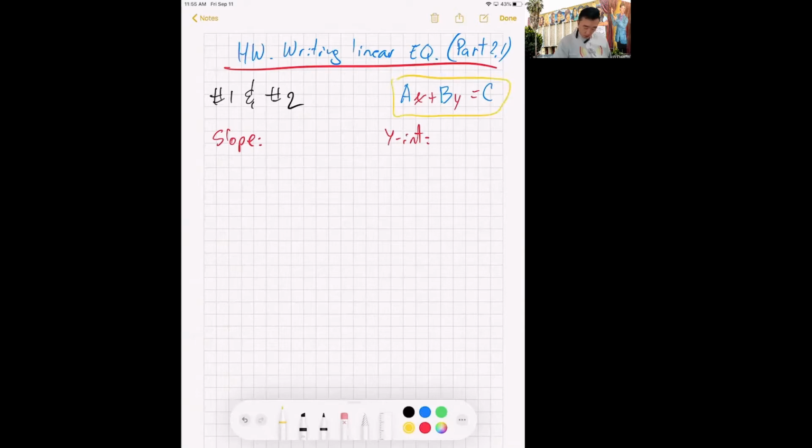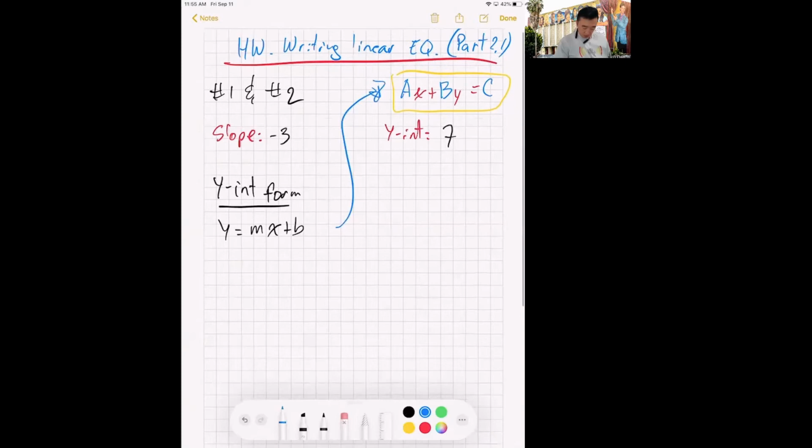So how do we do that? Let's say we have -3, and this is, I don't know, 7. We begin with the y-intercept form, y equals mx plus b. We're going to start with that and then move it over to the standard form.